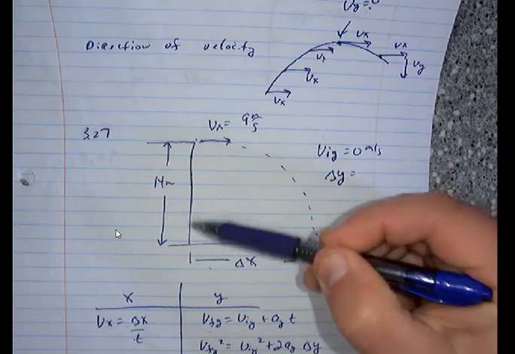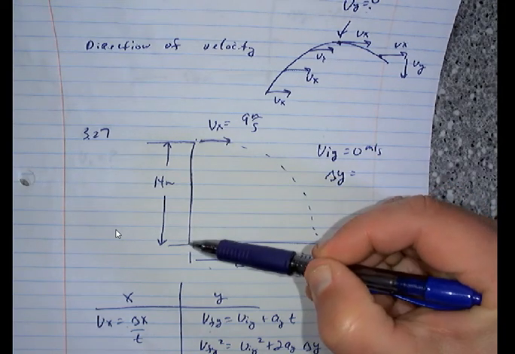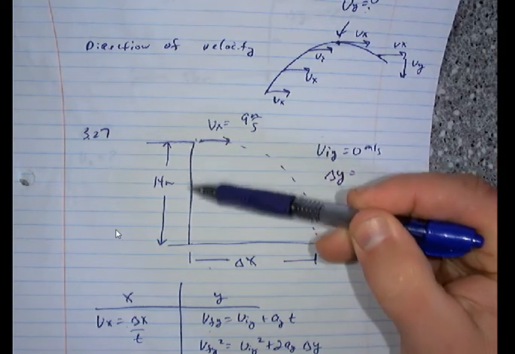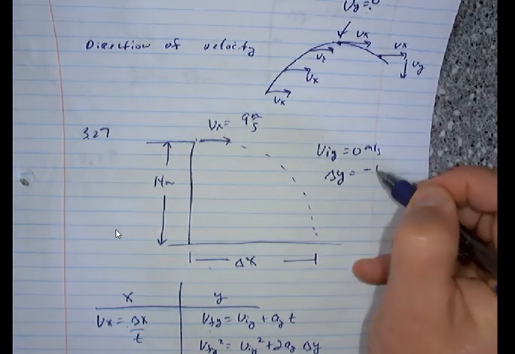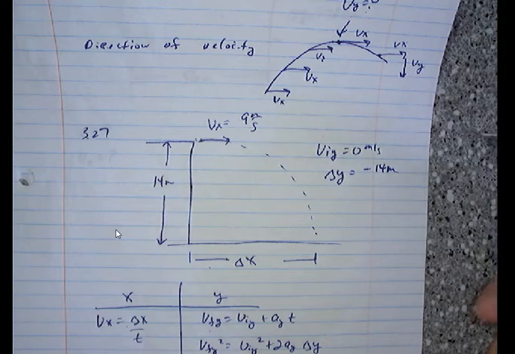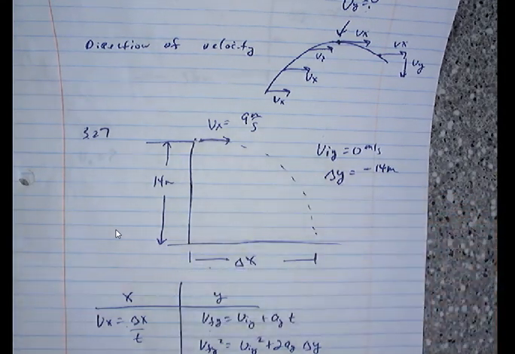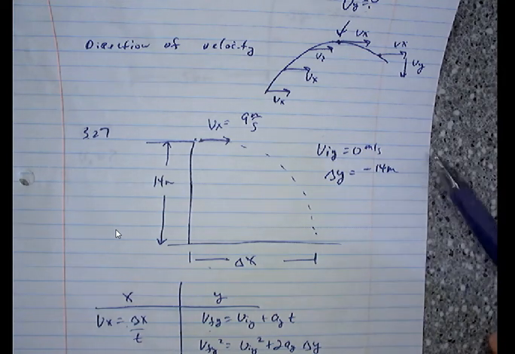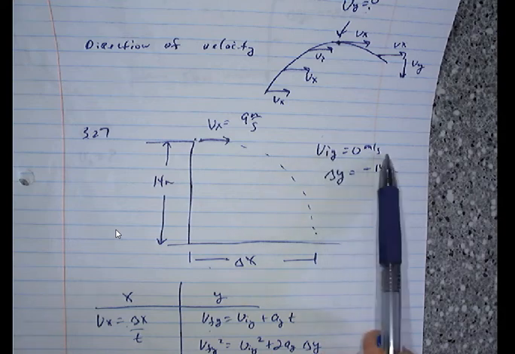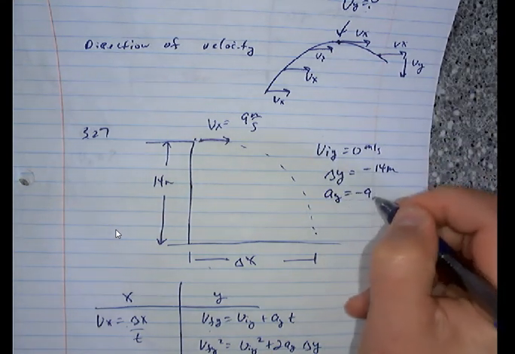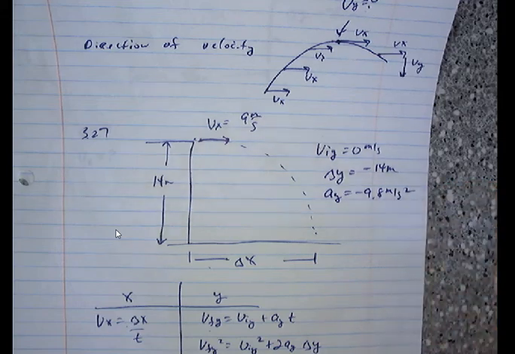If I started here and I ended up here, on the ground, and I started at a height of 14 meters, in the y direction the displacement is actually negative 14 meters, right? Because in the y direction, I'm moving this way, which is the negative direction. Okay, so it doesn't seem like we knew a lot, but we actually do when we bring in this fact and also this fact, that the acceleration is negative 9.8.